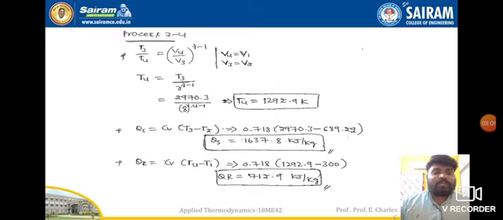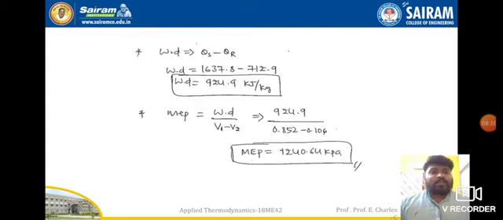So with this we have found out what is heat supplied and what is heat rejected. If we know these two values, heat addition and heat rejection, it is easy to find out the remaining things. Work done is equal to heat supplied minus heat rejected. The heat supplied value we have already found out, minus heat rejected, also found out.